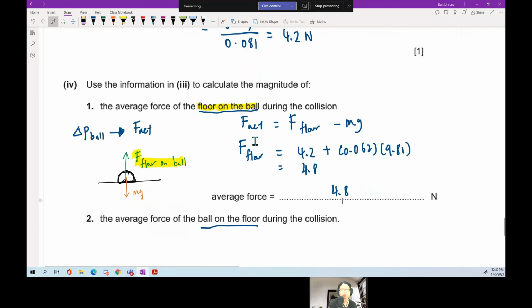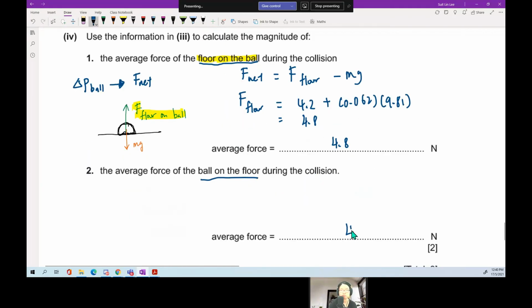Because of Newton's third law, these two numbers should be the same. The floor will also experience an equal in magnitude but opposite in direction reaction force. So this is the force of the ball pushing down on the floor.